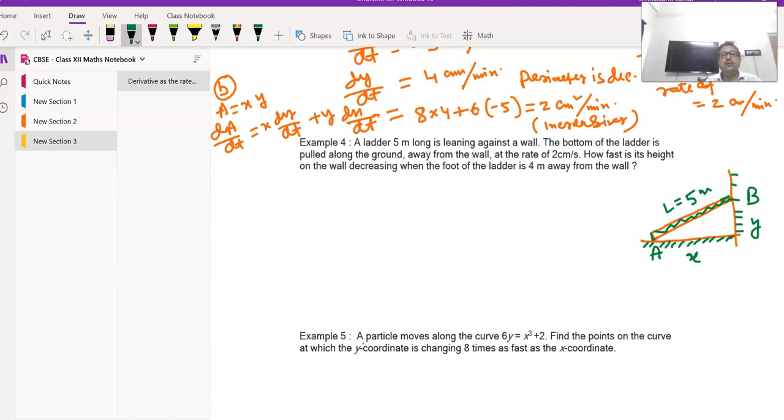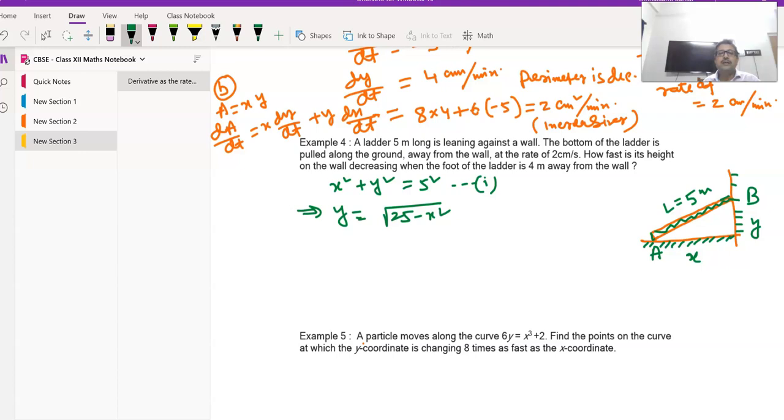So there is one relation in the beginning which will help you, that x square plus y square is equal to 5 square. The question is the height, how y is changing. So we'll keep y on one side. If we keep y here, this is going to be the square root of 25 minus x square.